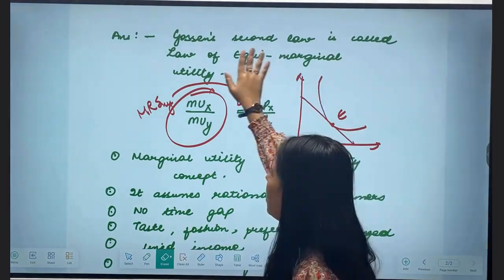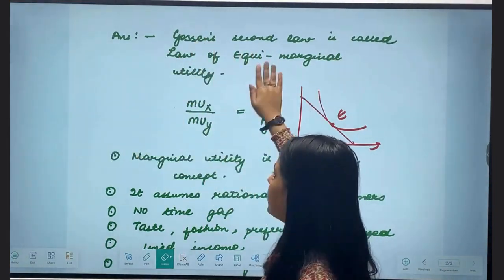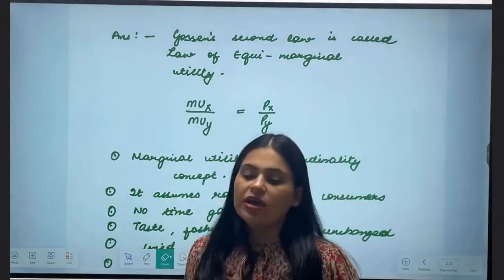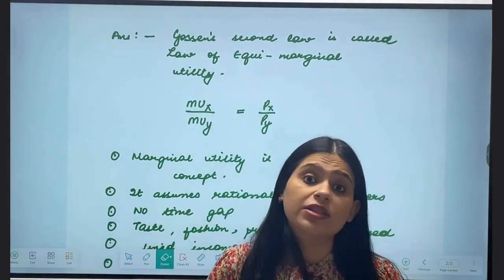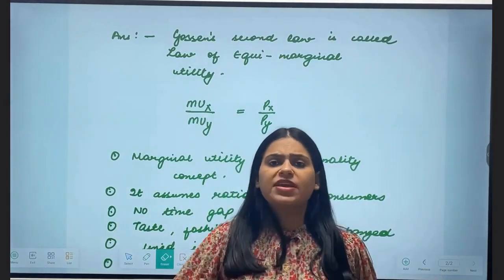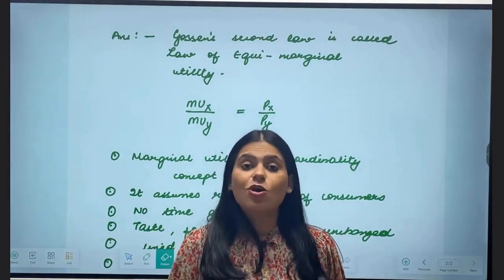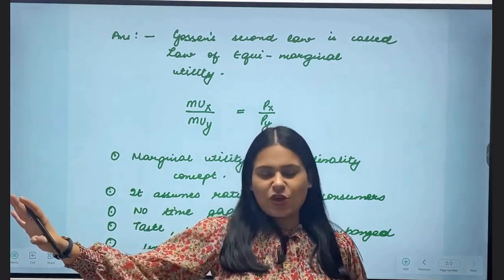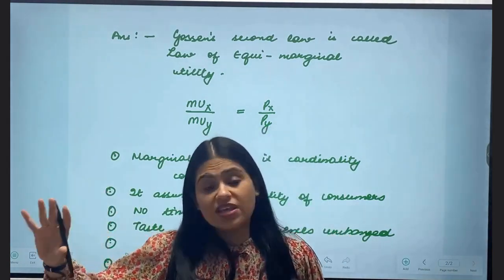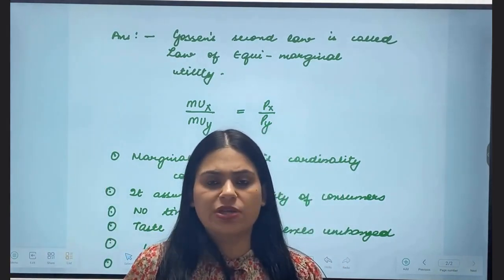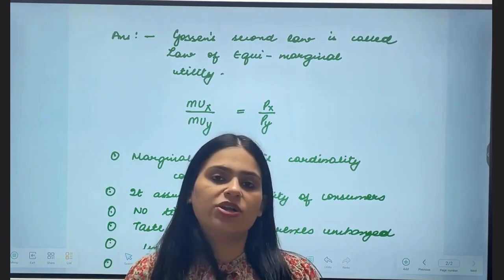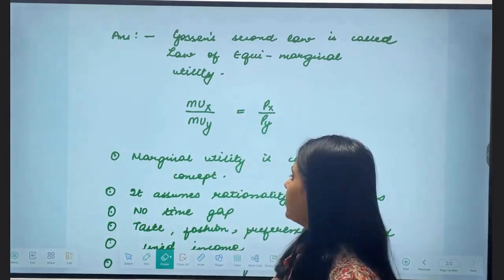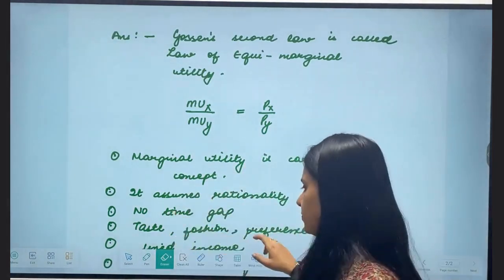Now let us understand carefully. If I talk about the assumptions here, what are the different assumptions that we have? The first thing which is important here is that marginal utility is a cardinal concept. How do we measure marginal utility? We measure it in terms of numbers, right? Ordinality is the indifference curve concept. But when Gossen or Marshall were talking about marginal utility, they were talking in terms of numbers, so marginal utility is a cardinal concept.